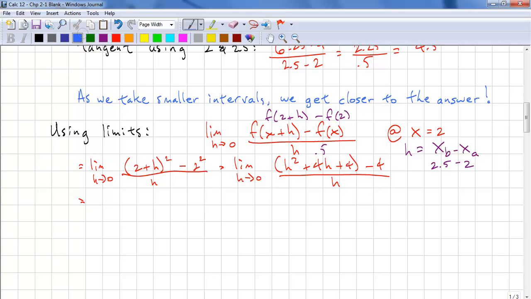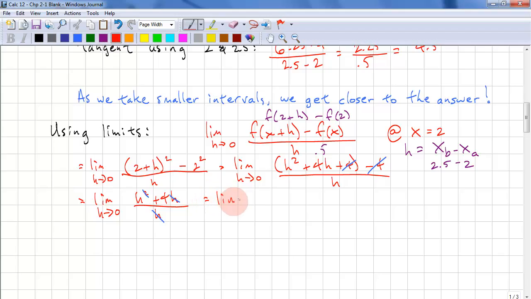Okay, we can simplify a bit. We cancel those out. And now we have limit h approaches 0, h squared plus 4h over h. Now we can cancel the h.